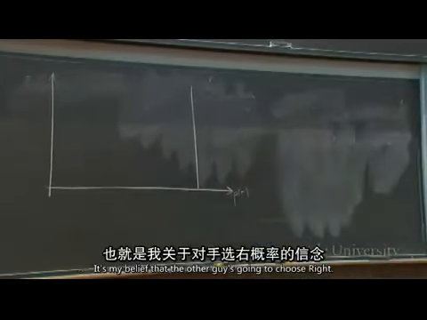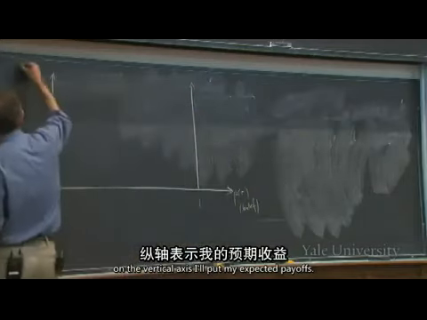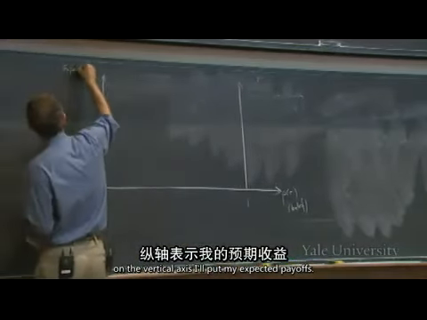Think of this as a belief. All right, and on the vertical axis, I'll put two vertical axes in just for the sake of things. On the vertical axis, I'll put my expected payoffs.